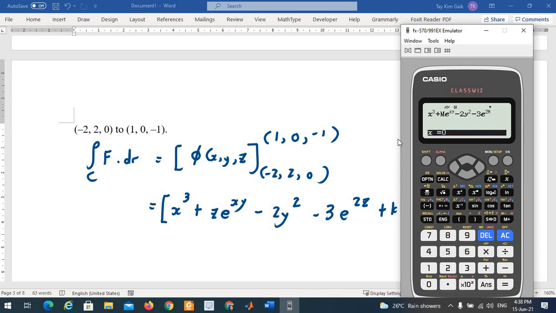Now I want to evaluate the upper limit. X is 1. M is Z, Z is -1. Y is 0. I have this answer.